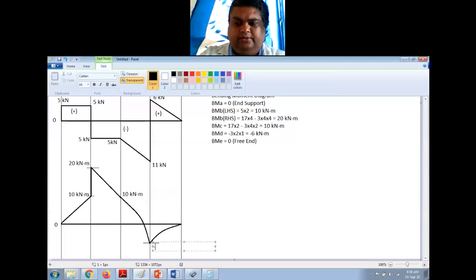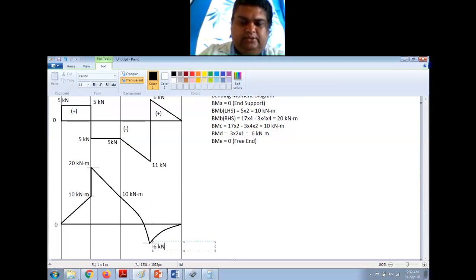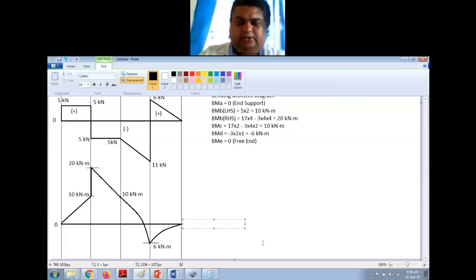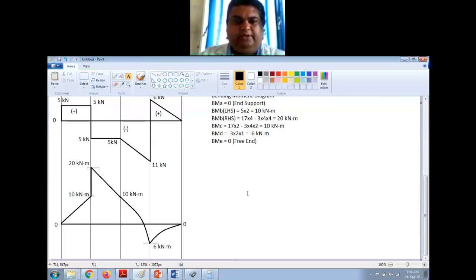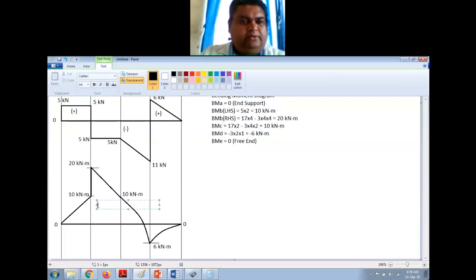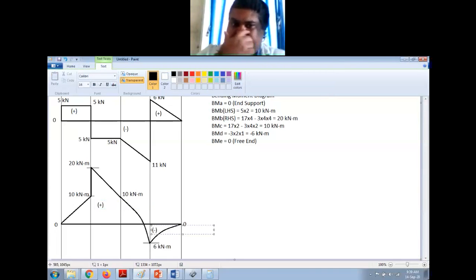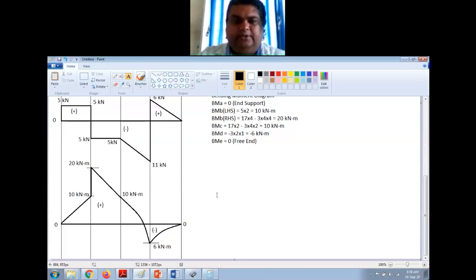This is minus 6, sorry, just write 6 kilonewton meter, and this is 0, right? This point is 0. Now this is positive, this is negative, right? This is the BMD.